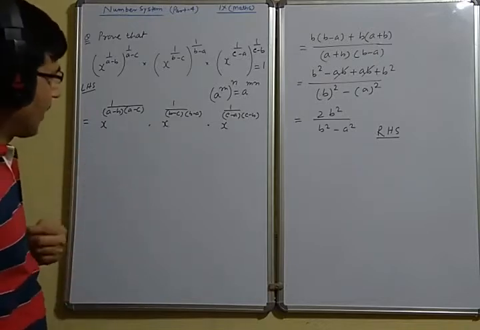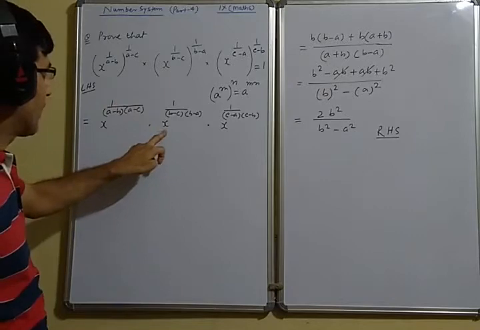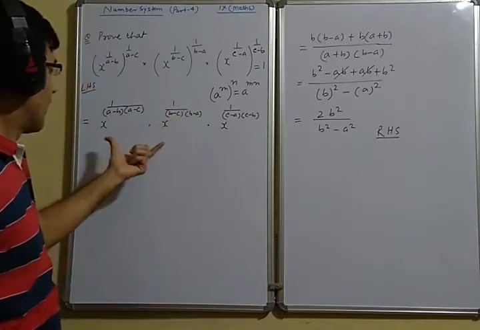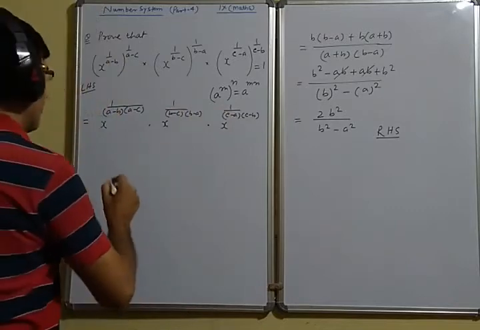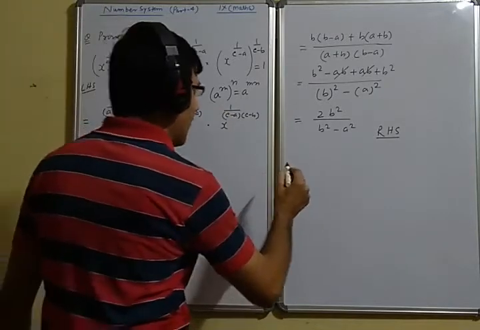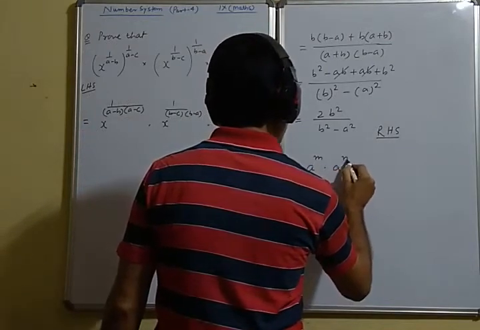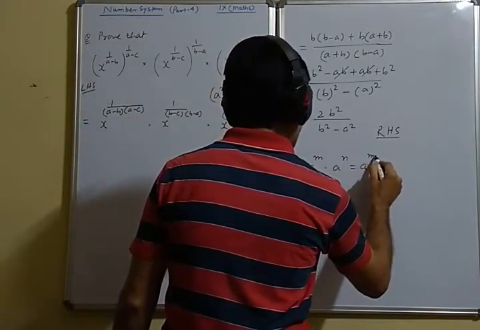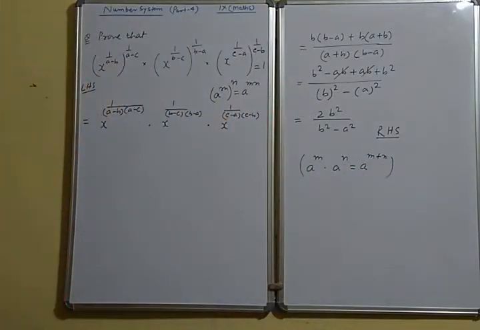So now once again we'll use the property a raised to power m into a raised to power n becomes a raised to power m plus n. So here we will use this property.